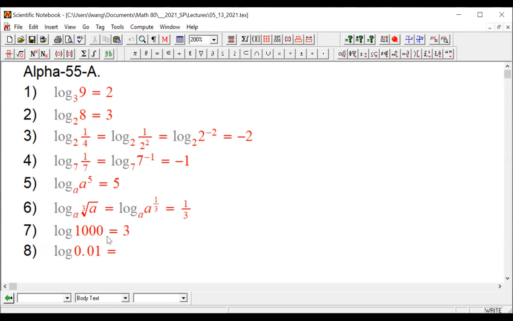Okay, I'm going to give you the answer. It's 3, right? Because it's log of 10 to the power 3, isn't it? Right? So 3 power 10 is 10 to the power 3, okay?